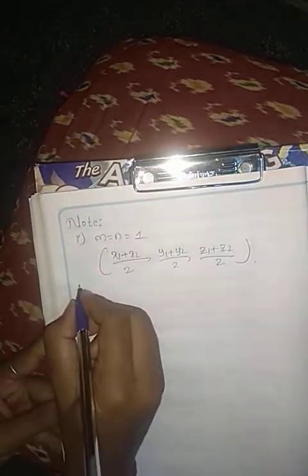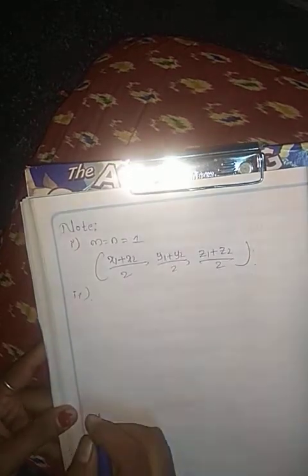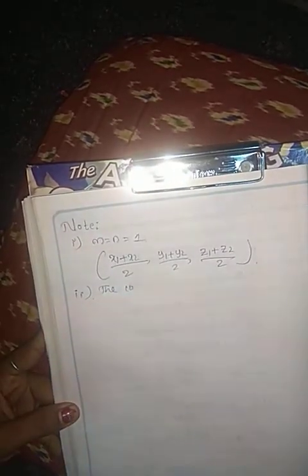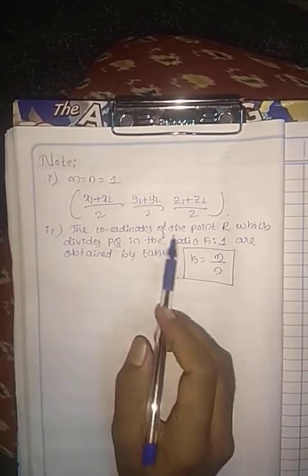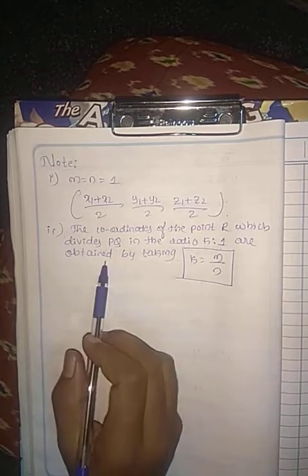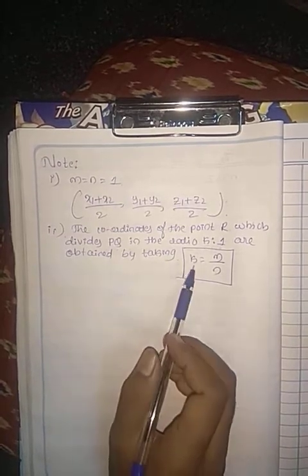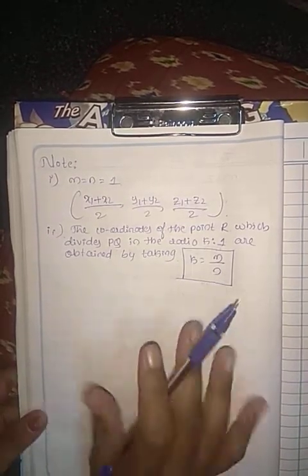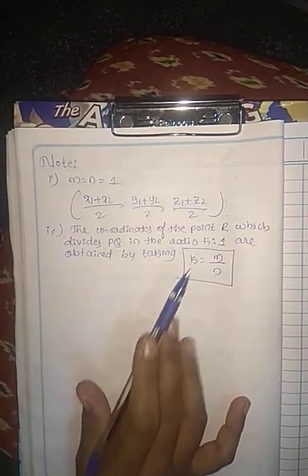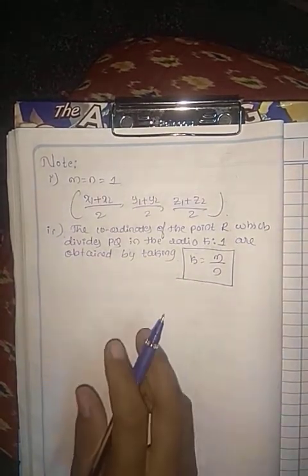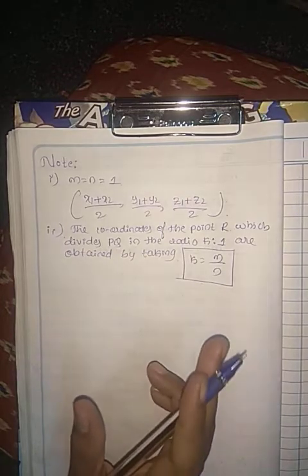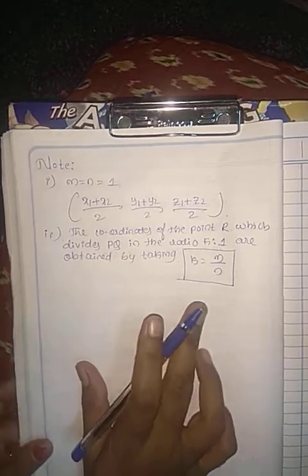Next, second one, the coordinates of the point R which divides PQ in the ratio k is to 1 are obtained by taking k equal to m by n. So this result is used in solving problems involving a general point on the line passing through two points. If they ask to find the value of the ratio, then we have to use this result.